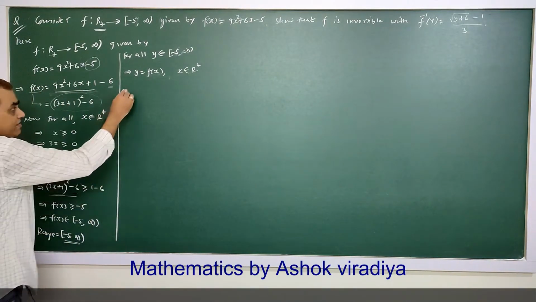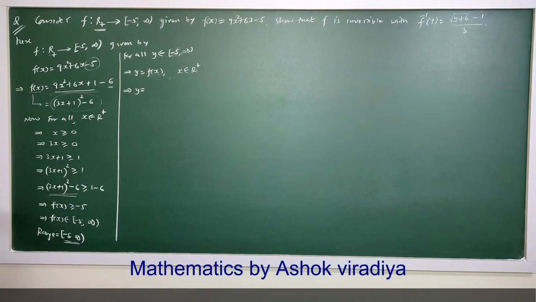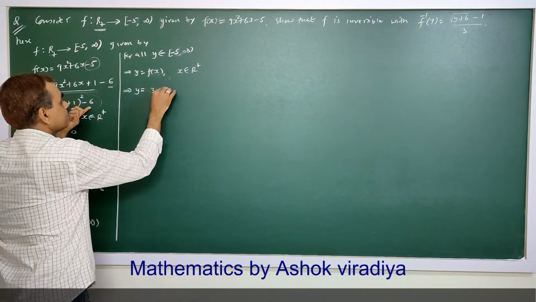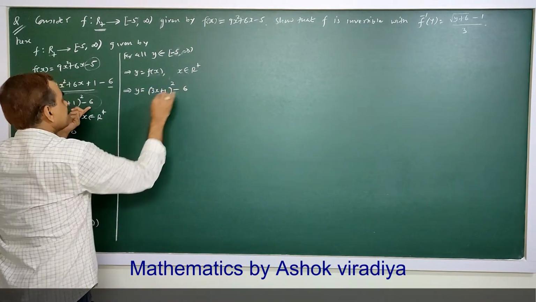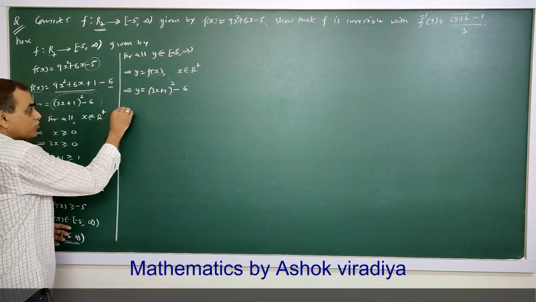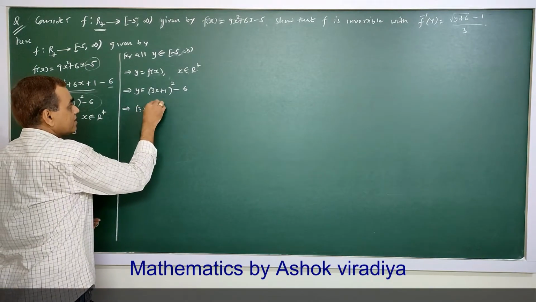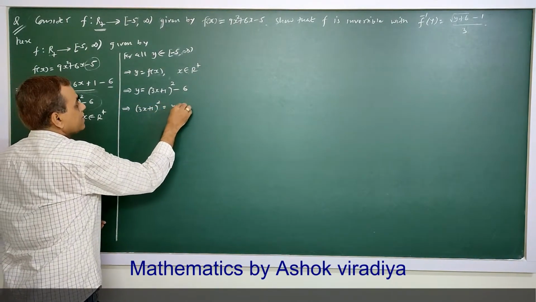Now from this equation we are going to find the value of x. y equal to f(x). Now f(x) is 9x square plus 6x minus 5, but in calculation, we are putting the value of f(x) in this form: (3x plus 1) whole square minus 6. Continuing the calculation to obtain the value of x, (3x plus 1) whole square is equal to y plus 6.